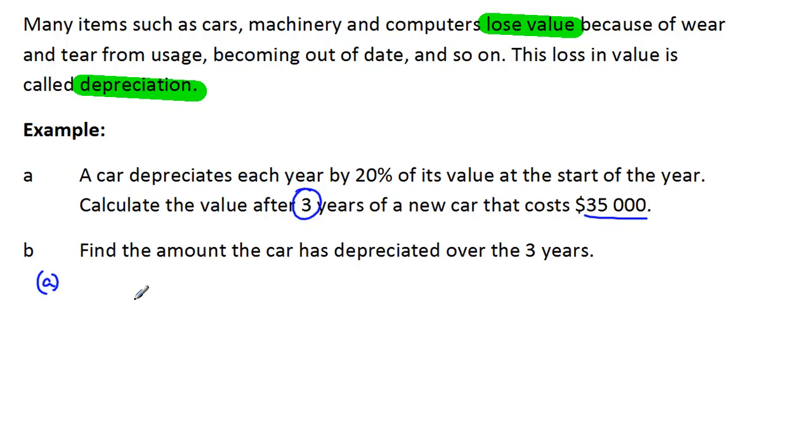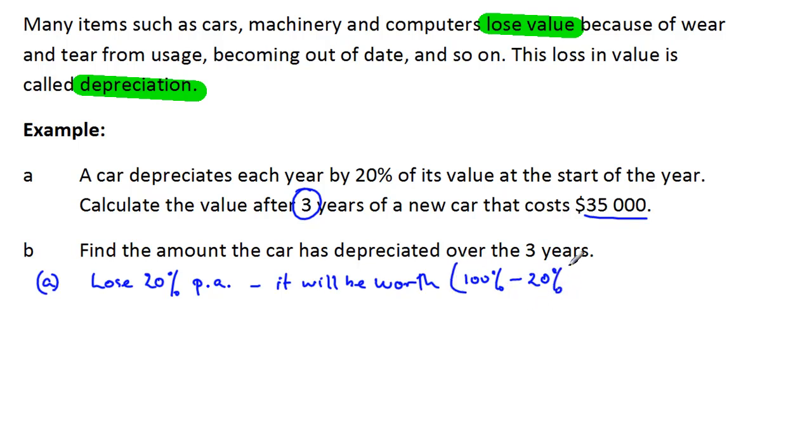First of all, the car loses 20% every year, so we'll put here per annum. Now that's like interest, but it's being taken off. The amount it will be worth is 100%, that was its original value, minus 20%.